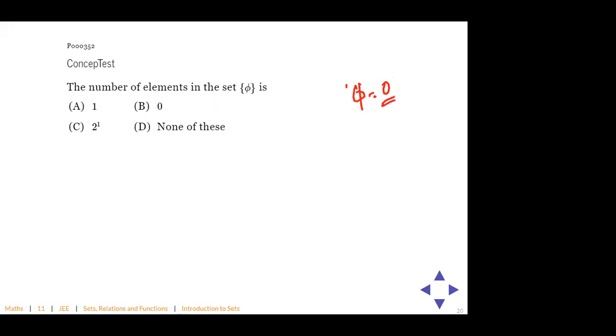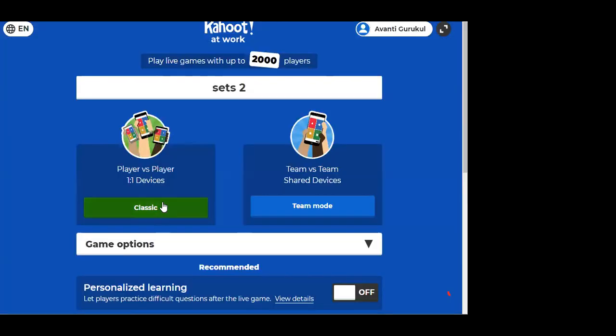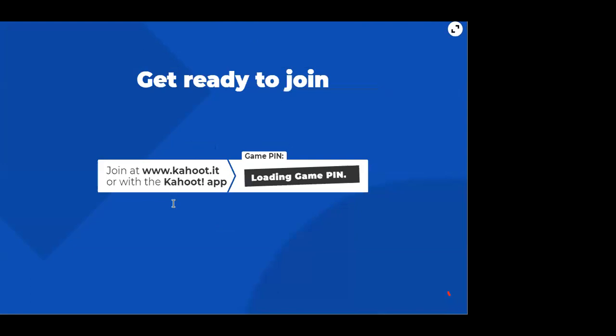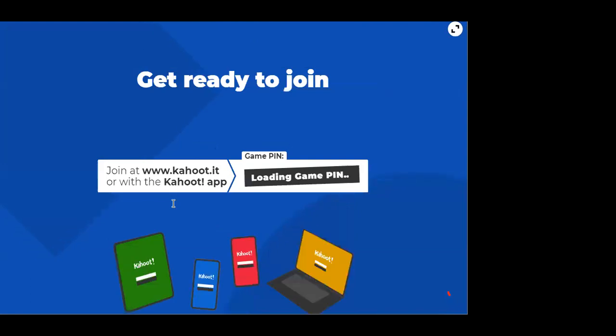I'll check it once and get back to you. Because empty set means having no elements, right? So the empty set is written as this. One more Kahoot. I'll get back to you regarding this, because I think the empty set is written as just phi.